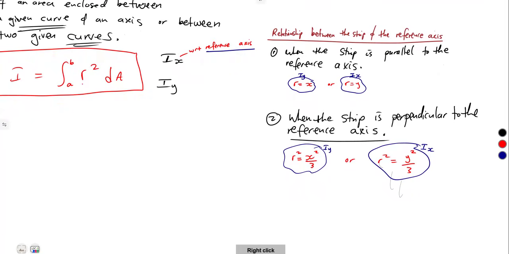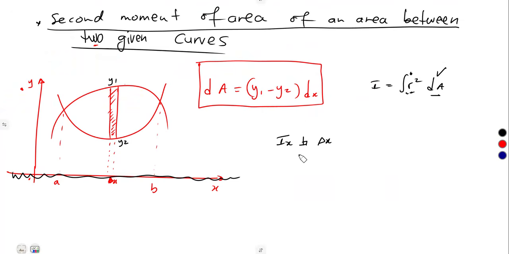I want us to see something here. I'm trying to switch between these two boards. So we're going to consider that this is for x, with respect to x. What you're going to have in the calculation is the integral from a to b.